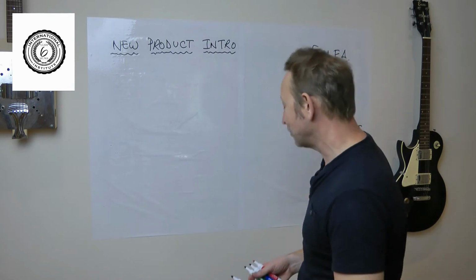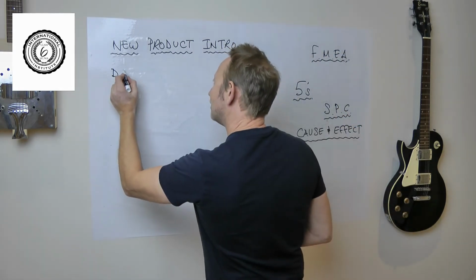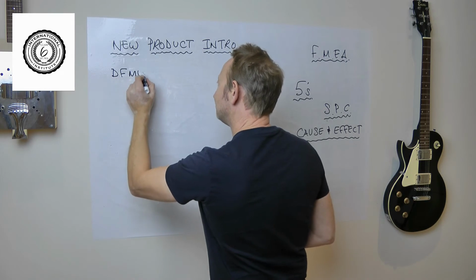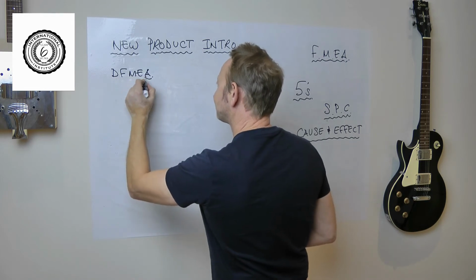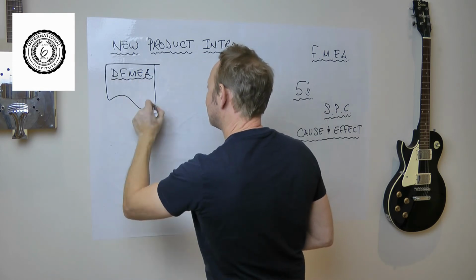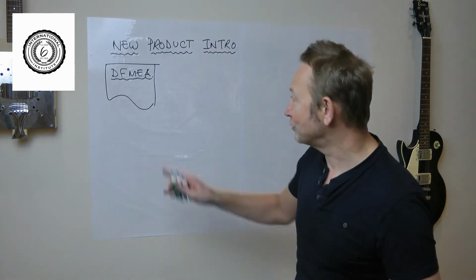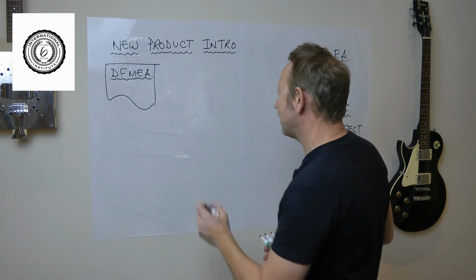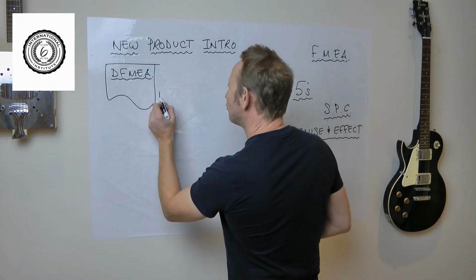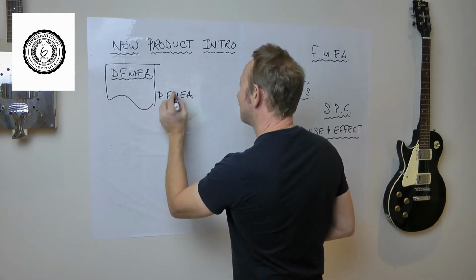So let's go through this. As a set of steps, the design FMEA would probably be the first document that's going to get done. The design FMEA is supposed to talk to the process FMEA.